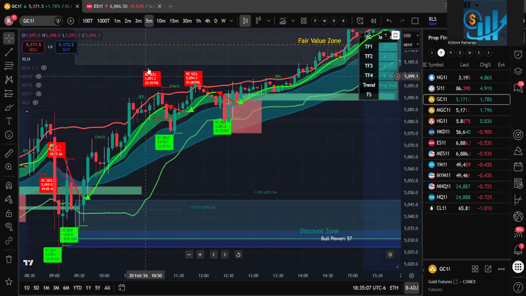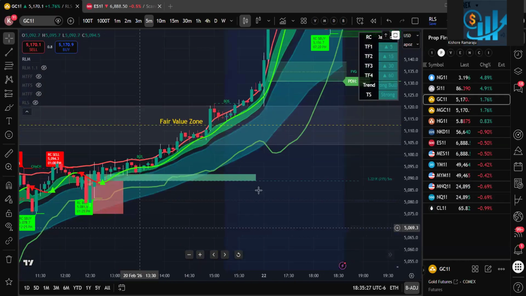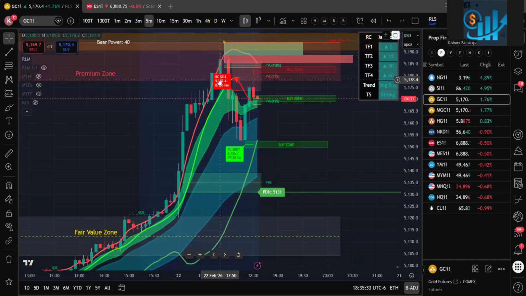It went all the way up, you got a sell, again you got a buy. Again it went up, you got a sell, you got a buy. So this is more like scalping, right? You are taking a long, there was a pullback, you are taking a short, again you are taking a long. Again you got a sell signal, you take a short, you take a long, and then it went all the way up. Then you got a short, again you got a long.